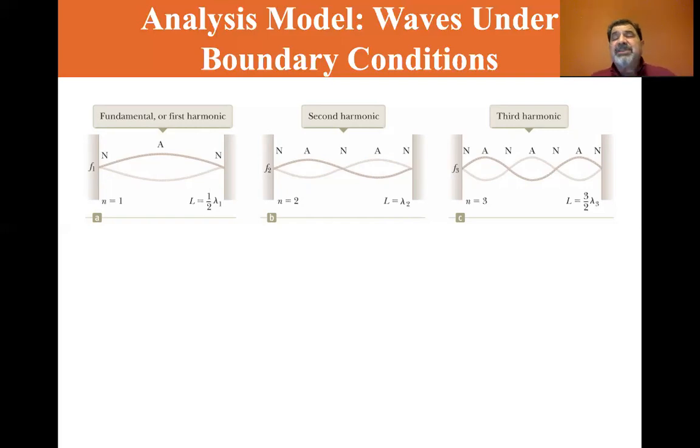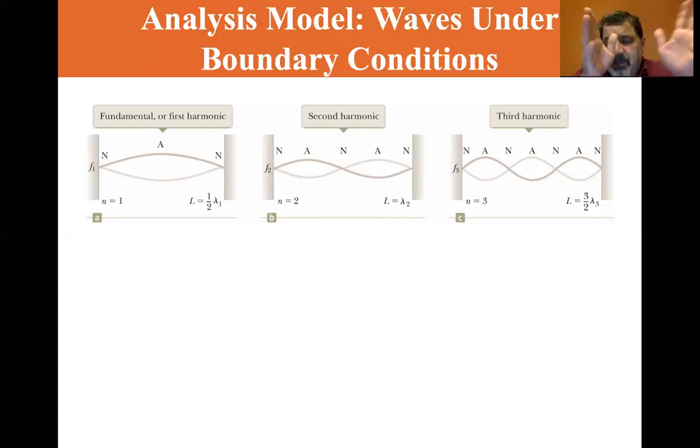At the second harmonic, n equals 2, you can see you have, of course, a node at either end, then you have a node in the middle, and you have antinodes on either side. Now, this is a full wavelength from the upgoing zero crossing, I'm going to call it, to a downgoing zero crossing, then back up to an upgoing zero crossing. So this is the second harmonic.